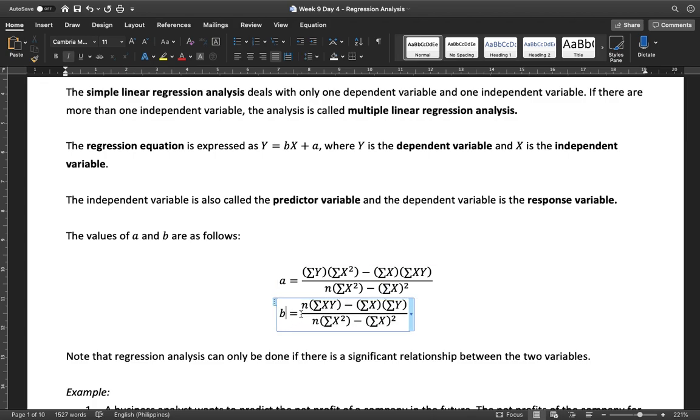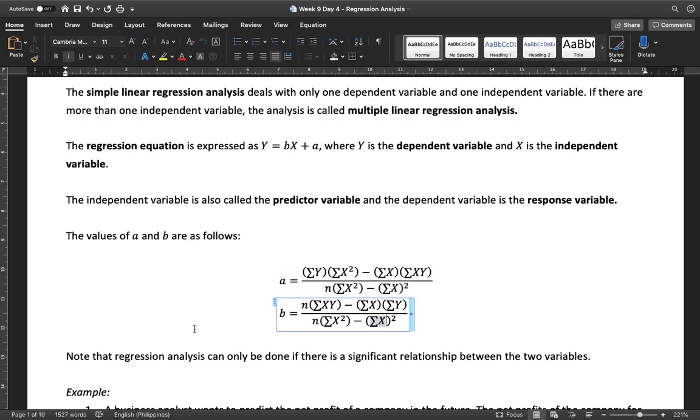B is n times the summation of xy minus summation of x times summation of y all over n times the summation of x squared minus the square of summation of x. Ito yung galing dun sa table na mahaba para dun sa R. So, we make use of that information as well. Compute lang natin. We have the values of b and a.